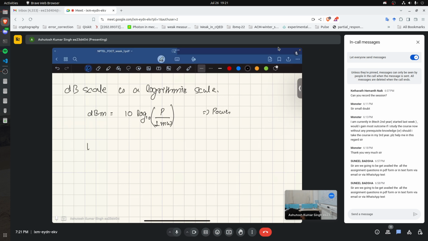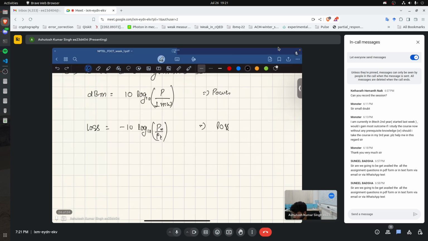Similarly, loss is minus 10 log 10 power. This is your loss, and loss comes with a negative sign because this signifies a reduction in the optical power.